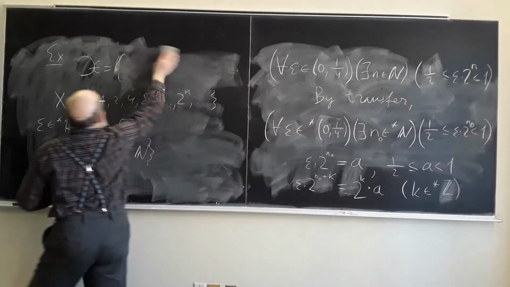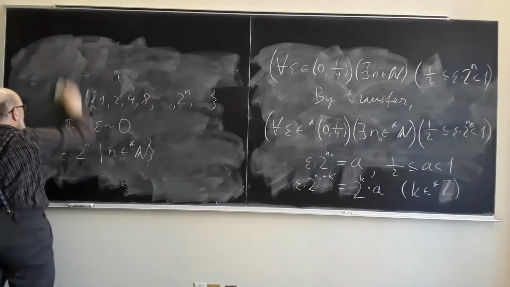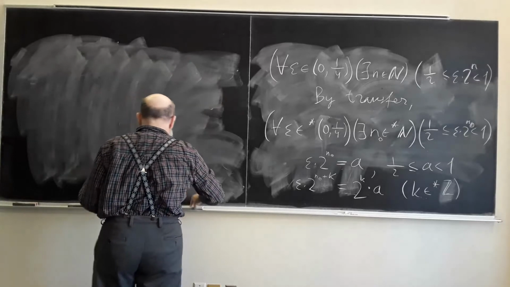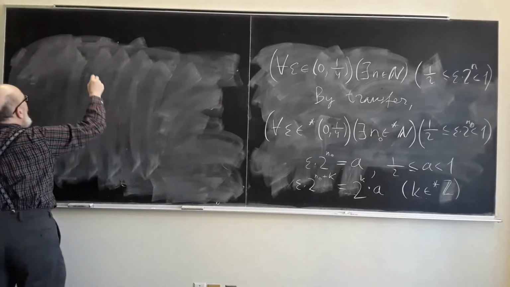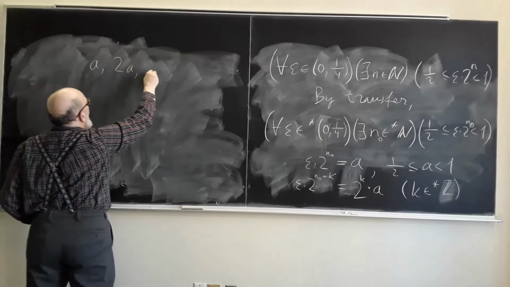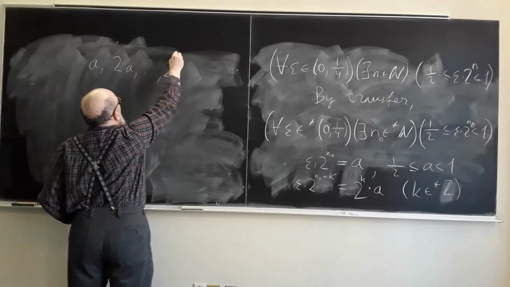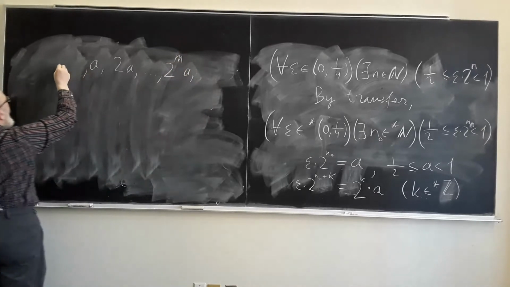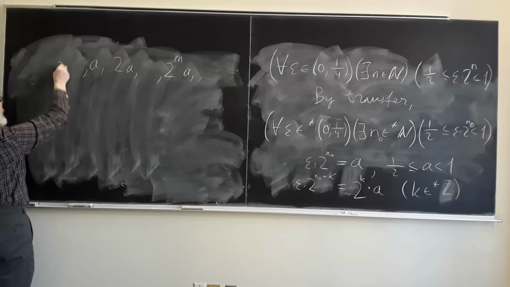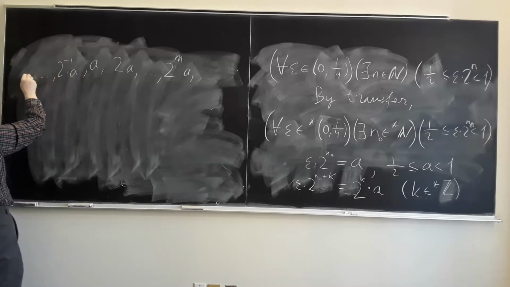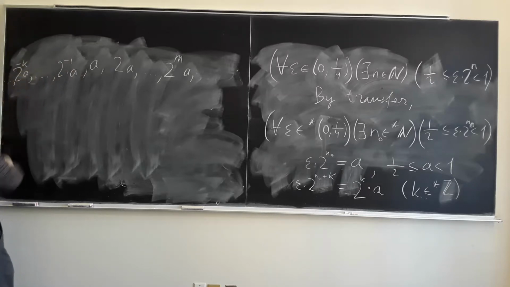So we have the following points: a, 2a, 2 to the power m times a, 2 to the power minus 1 times a, 2 to the power minus k times a, and so on.